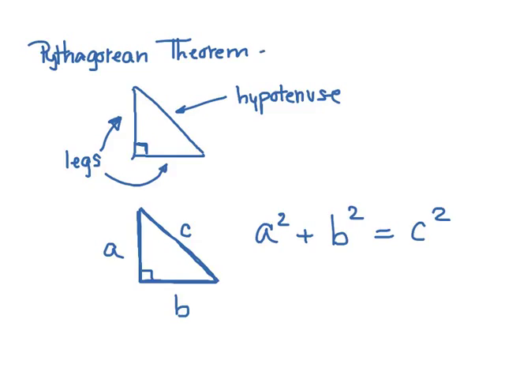So this is important for right triangles. This basically means that if we know two sides of a right triangle, then we can always find out the third side. So let's do a couple examples.